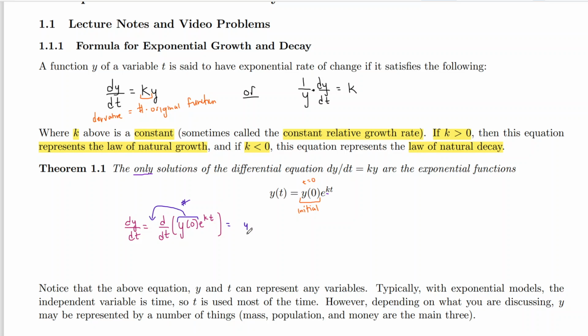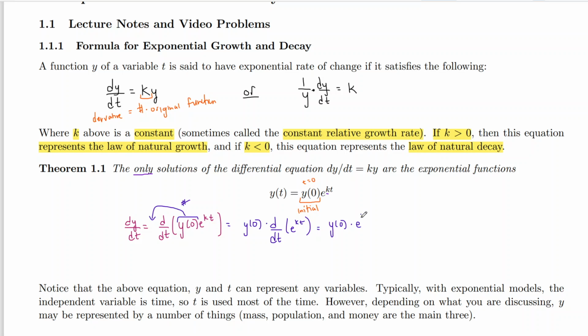So we get y of 0, and then we still have the rest in there because the t is in the exponent. So we have to do the derivative with respect to t of e to the kt. Now k is also just a number, but it can't be brought out because it's stuck in the exponent. But we can use the chain rule here. We have the y of 0 up front, and the derivative of e to the something.